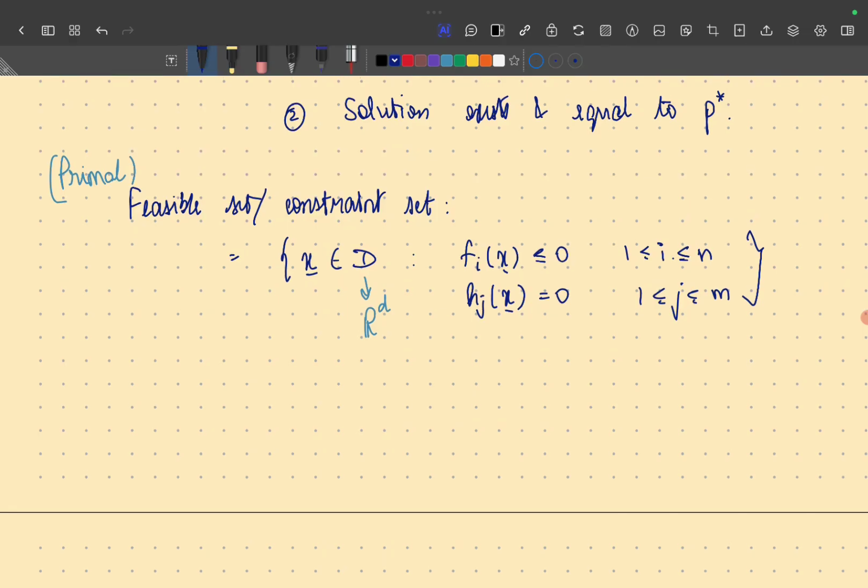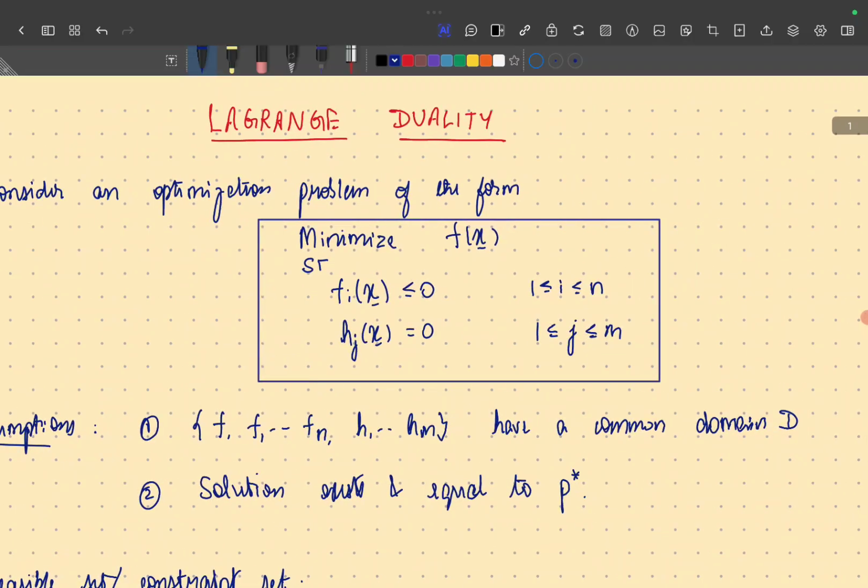Now, recall that the objective function is f of x.